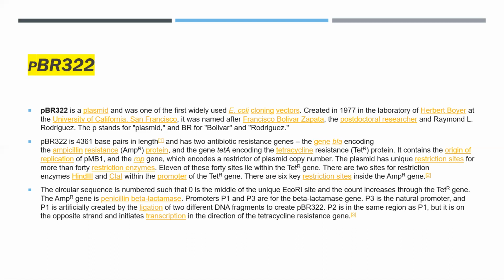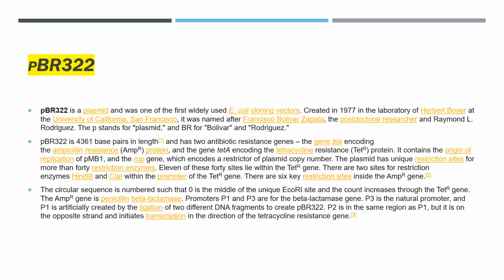The plasmid has unique restriction sites for more than 40 restriction enzymes. 11 of these 40 sites lie within the TET gene. There are two sites for restriction enzymes, HindIII and ClaI, within the promoter of the TET gene.